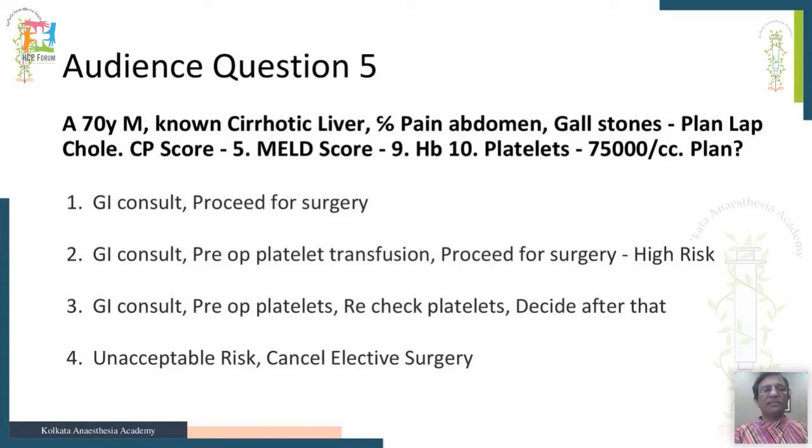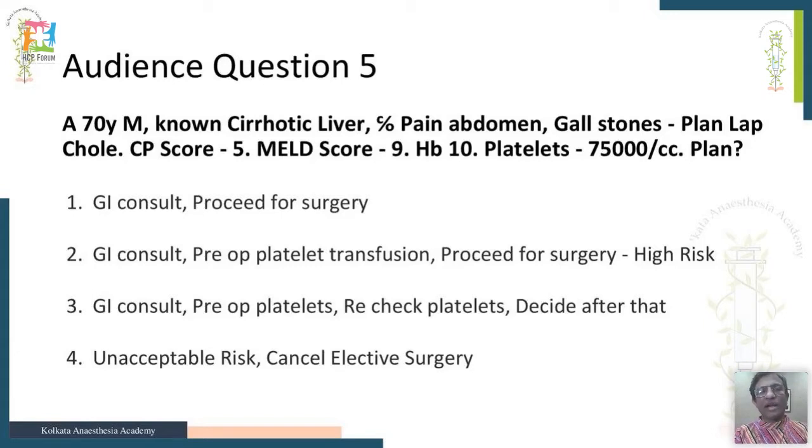A gastro consult and proceed for surgery? A gastro consult, pre-op platelet transfusion, proceed for surgery with high-risk consent? A gastro or hepatic consult, give preoperative platelets, recheck the platelet count and decide after that? Or you say, no, this is unacceptable risk, we'll have to cancel the elective surgery. 70-year-old, cirrhotic, pain abdomen, gallstones, laparoscopic cholecystectomy is the plan.